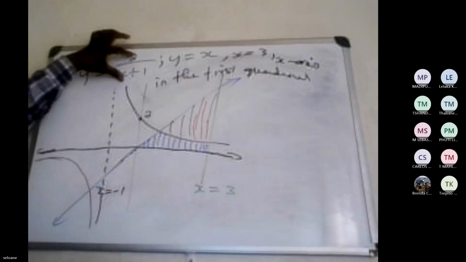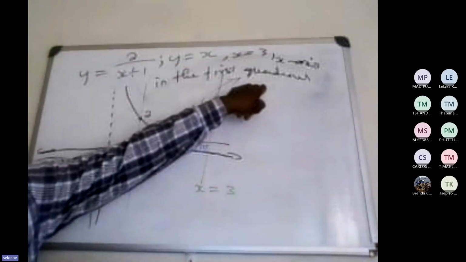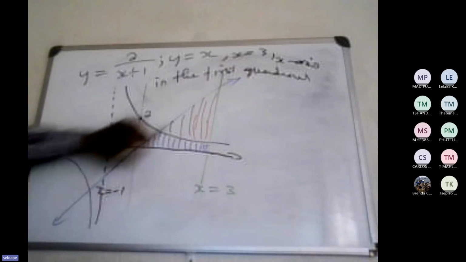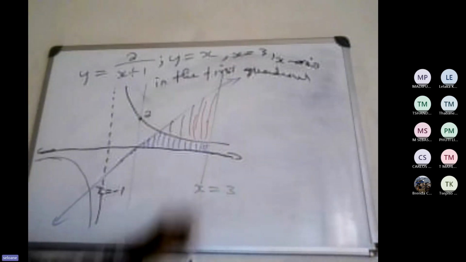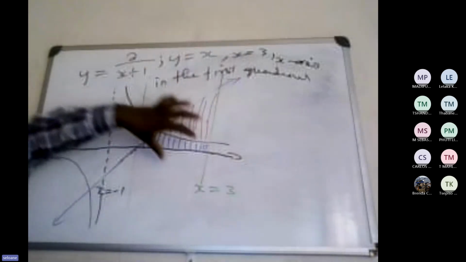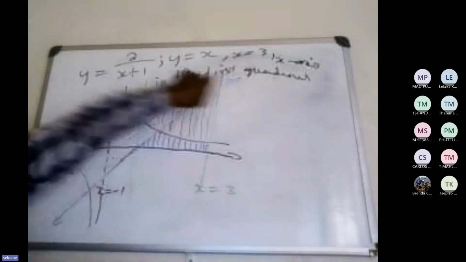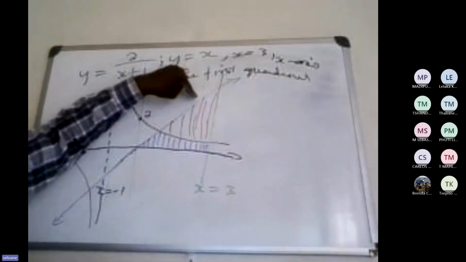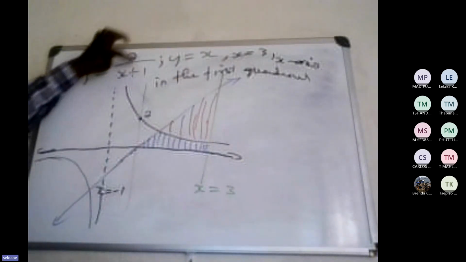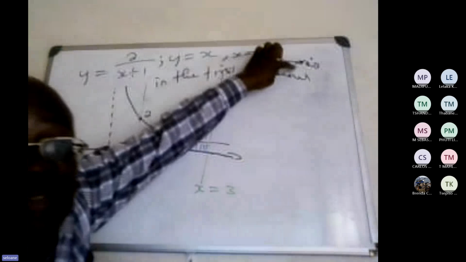They say it's in the first quadrant. Therefore, we can't even talk about the other quadrants. That is the only region that has got all these boundaries. Even without saying it's in the first quadrant, there is no other region that has all of these as its boundary.